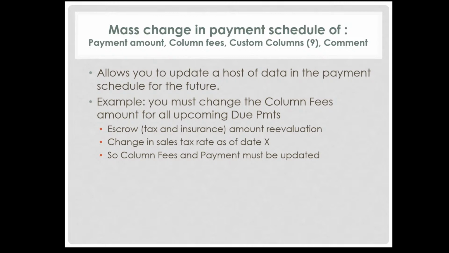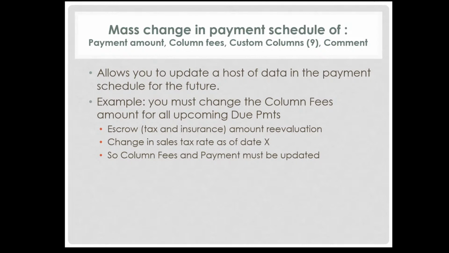Your escrow is about to change, so you're reevaluating your escrow in the month of July. And I think the person knows what I'm talking about. So instead of changing them one by one each loan, it would be a real hassle, you can go in and say, okay, as of this date, my new tax, my new insurance, and my new payment is this amount, and it would be massively changed for all upcoming payments as of a certain date.